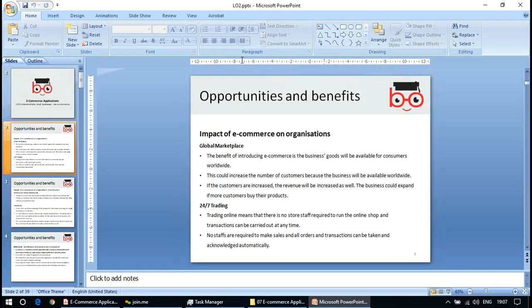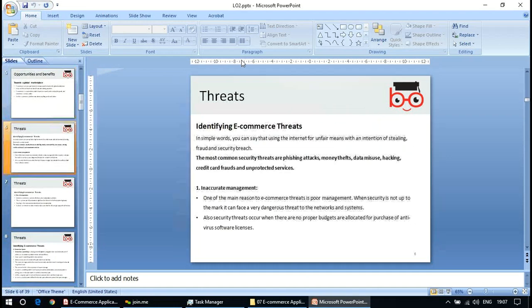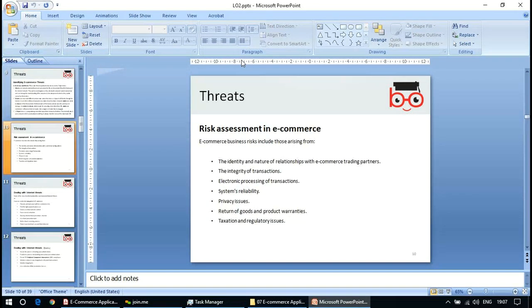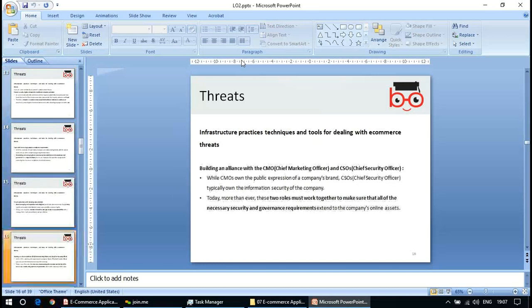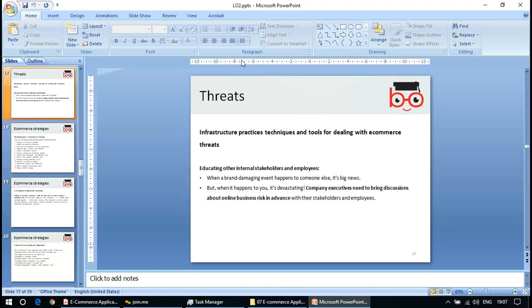These topics we discussed: the importance and impact of e-commerce on organizations towards the global marketplace, and identifying e-commerce threats. Then we were on the 17th slide.